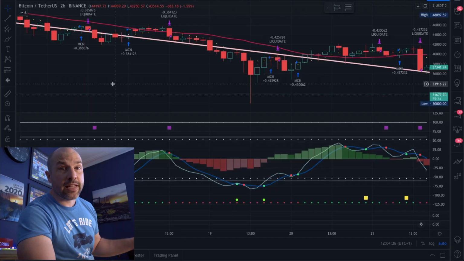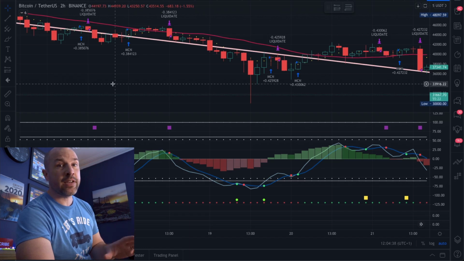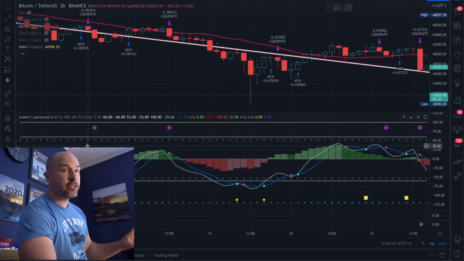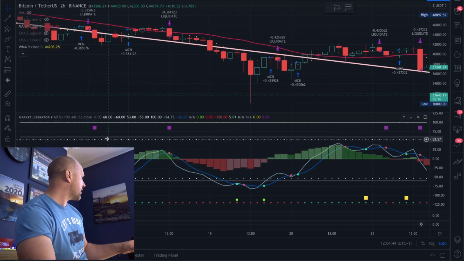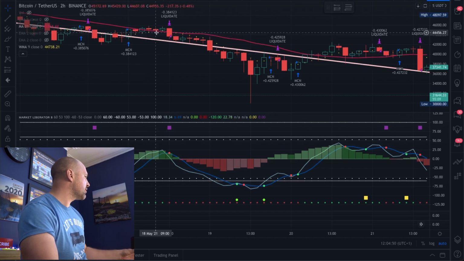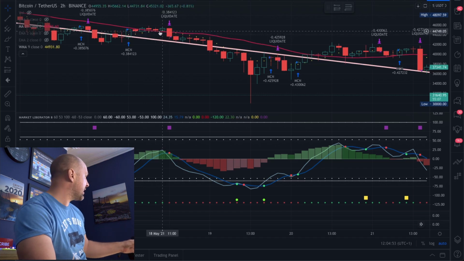Right, so what we're doing here is we're going to use a weighted moving average. Now I don't know what code this guy's using that created Market Liberator, but from what I can tell, if you have a look at these little yellow dots down here, as they're going up, that tends to be where those green dots are down the bottom.